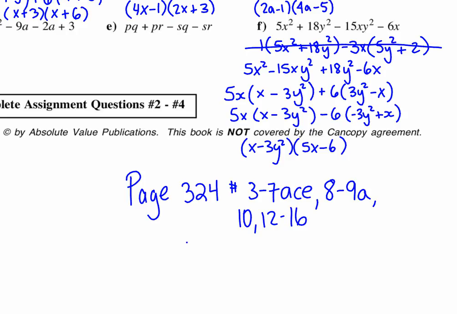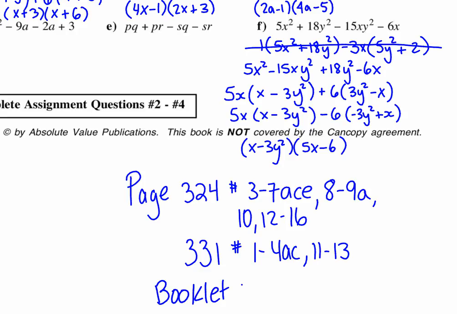And page 331, numbers 1 to 4 AC, 11 to 13. And then booklet page 35. Yep, I'll give you the booklet.